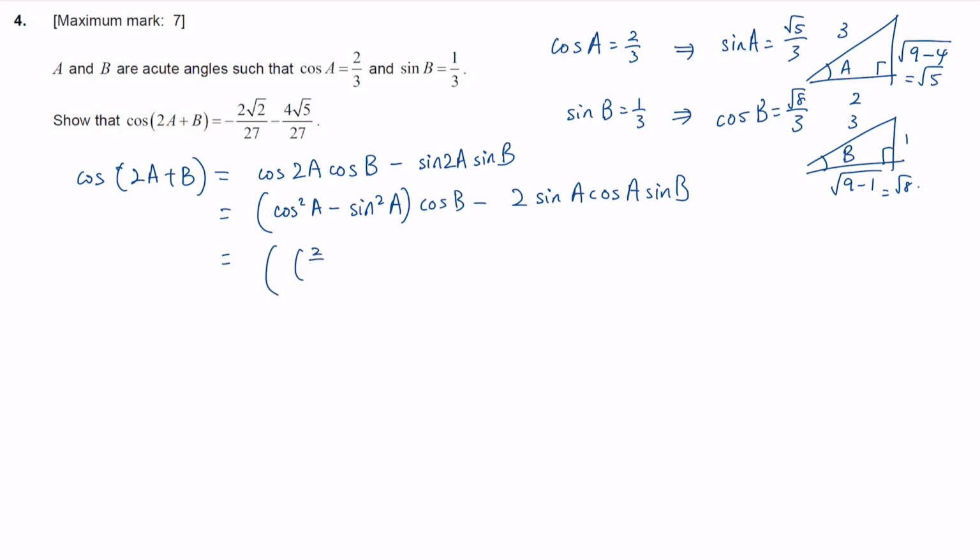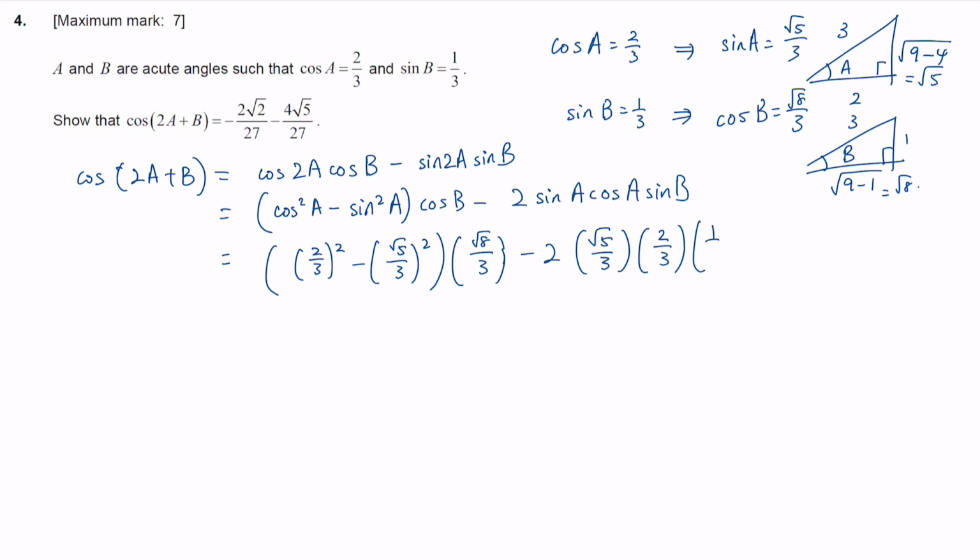So this is 2/3 squared minus sine A, root 5 over 3, squared, times cosine B, root 8 over 3, minus 2 times sine A, root 5 over 3, cosine A, 2/3, times sine B, 1 over 3.